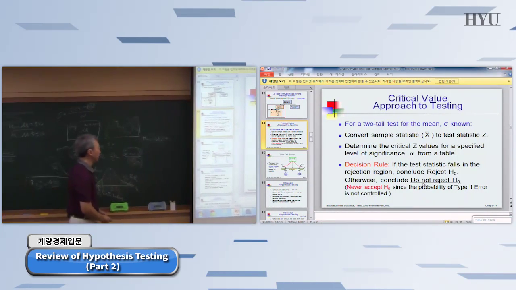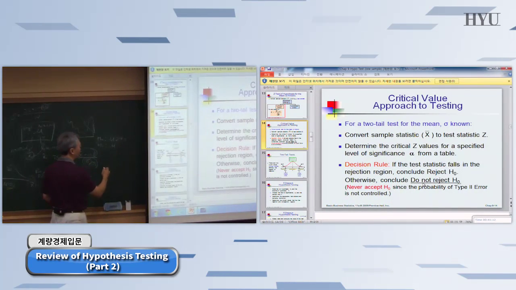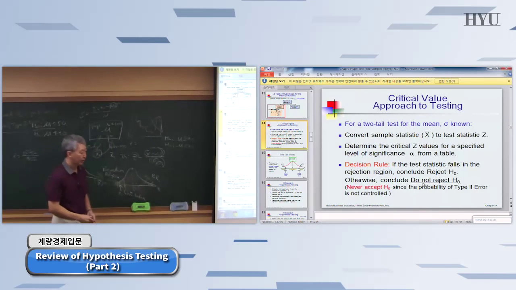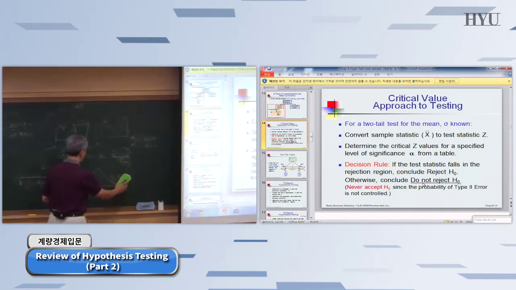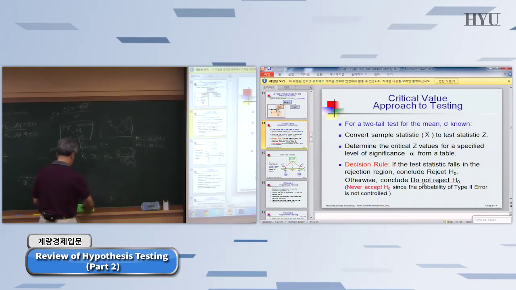But the researchers at the EPA, the Environmental Protection Agency, claimed that actual gas mileage was less than 40. So this is the one-tailed test, because we're talking about only one side.